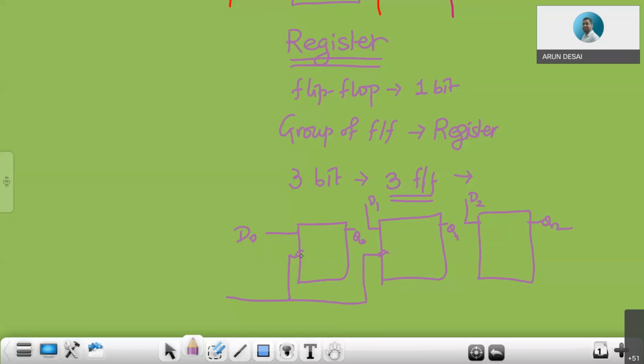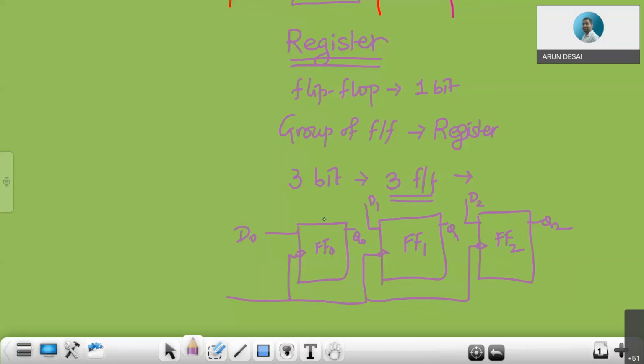You can assign the same clock to each and every flip flop, right? So this is flip flop 0, flip flop 1, flip flop 2. So we can have this kind of arrangement.